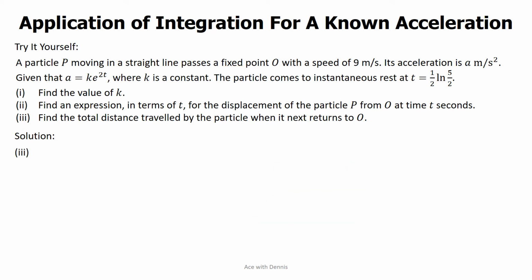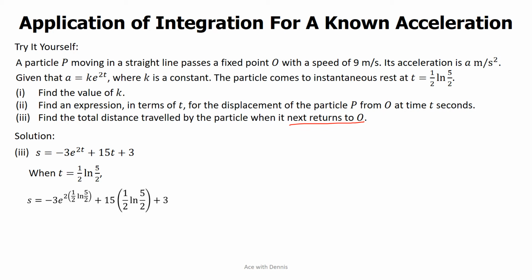Here is the solution for part 3. To find the total distance traveled by the particle when it next returns to O. So s is negative 3 e to the power 2t plus 15t plus 3. We know that when t equals half ln 5 over 2, it is instantaneous at rest, which means it has changed direction.